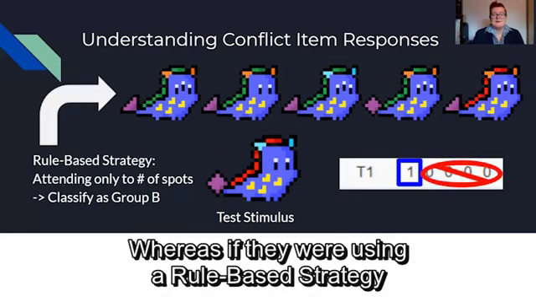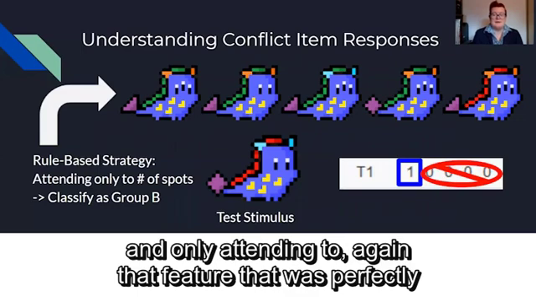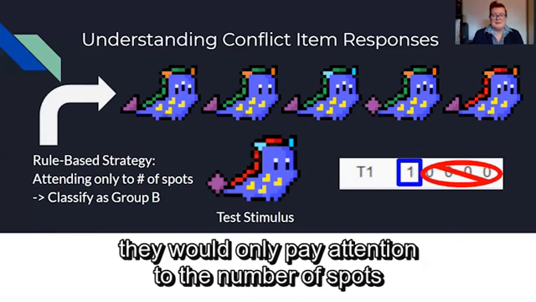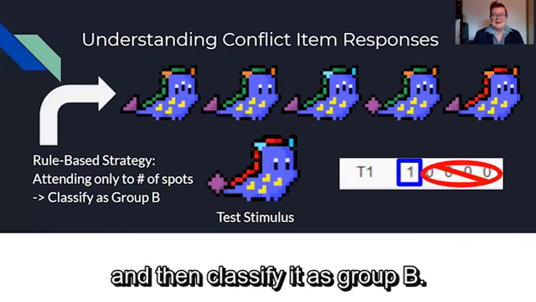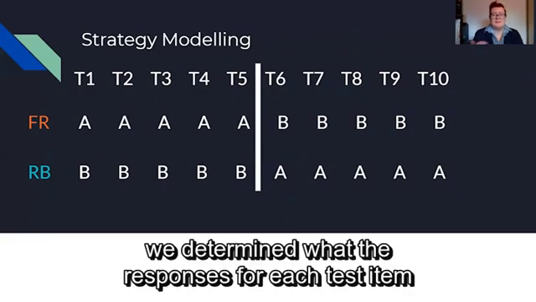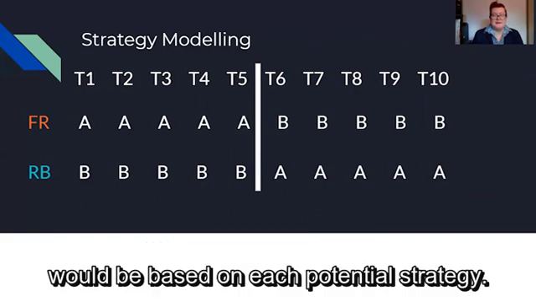Whereas if they were using a rule-based strategy and only attending to, again, that feature that was perfectly predictive in the test phase, they would only pay attention to the number of spots and then classify it as group B. So using that as a template, we determined what the responses for each test item would be based on each potential strategy.